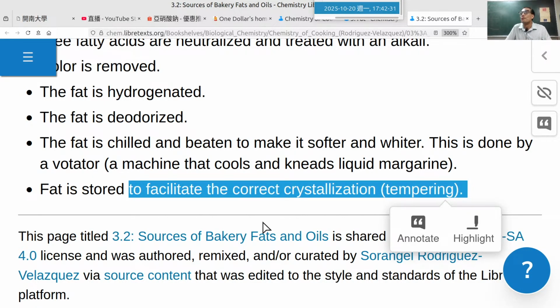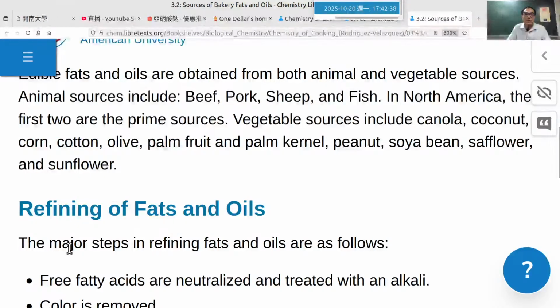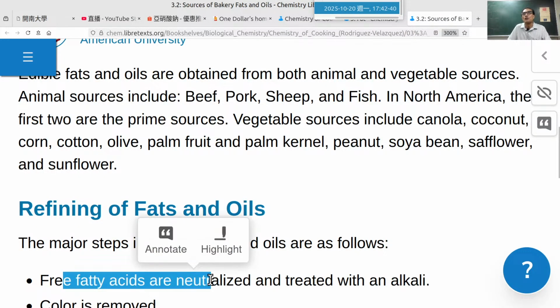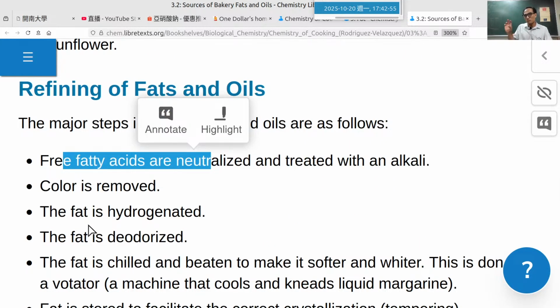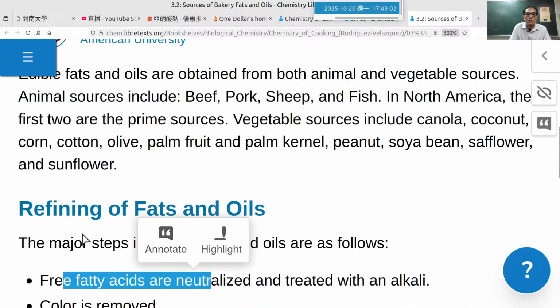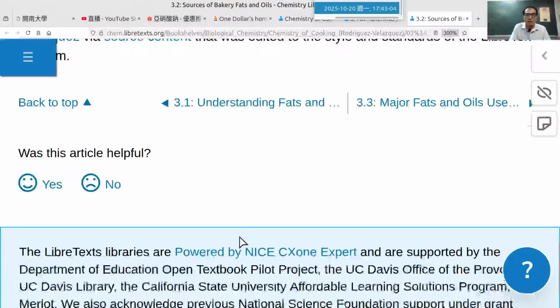Then I learned that for most peanut oil sold in Taiwan, the business didn't refine it. Thus, it has a lot of saturated fatty acid inside. When the temperature drops to maybe 15 degrees Celsius, the peanut oil will become solid. Okay, so refined fats and oils like this one.